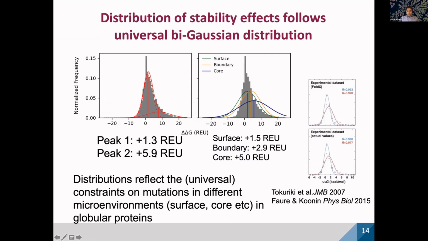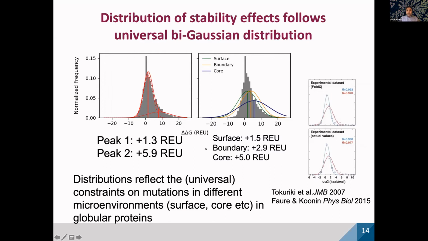And the second peak corresponds to about 6 kcal per mole. And if you look at where these peaks are coming from, you will see that the first peak largely comes from surface changes, which, as you might expect, are really just moderately destabilizing, whereas the second peak comes from a mixture of boundary and core mutations, which in the constrained environment of the core are likely to be more destabilizing, but can occasionally also turn out to be more stabilizing by packing better.